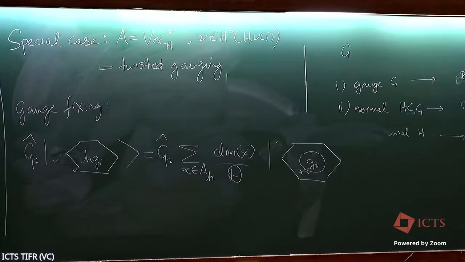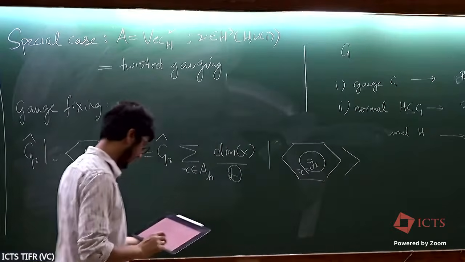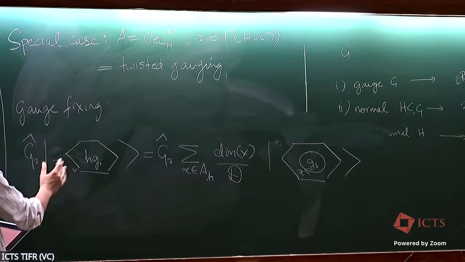So we can see that we can partially solve this Gauss constraint using this property.